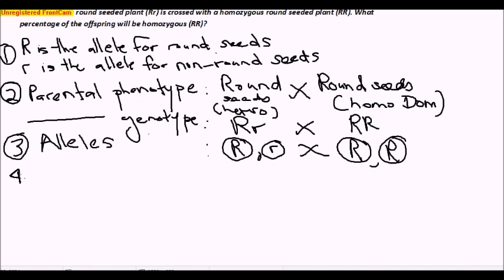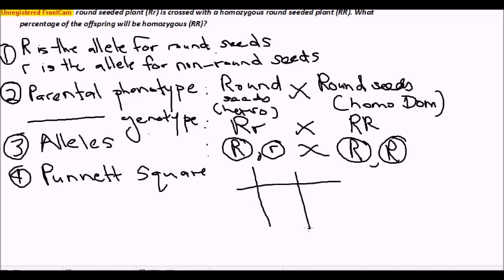Fourth step is doing our Punnett square. So Punnett square. Okay, so when you do your Punnett square, remember that one of the parents will go on top here, horizontal, and the other parents will go down here, vertical.